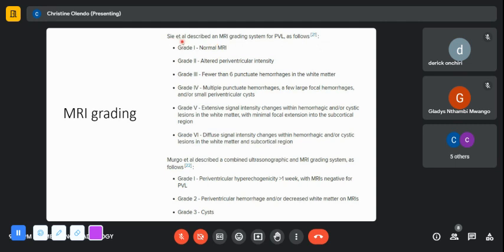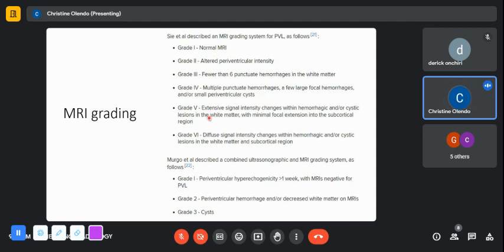All right, for Sai et al., the grade 1 shows a normal MRI. For grade 2, there's altered periventricular intensity. Grade 3, there are fewer than 6 punctate hemorrhages in the white matter. And then for grade 4, there's multiple punctate hemorrhages, a few large focal hemorrhages, and/or small periventricular cysts.